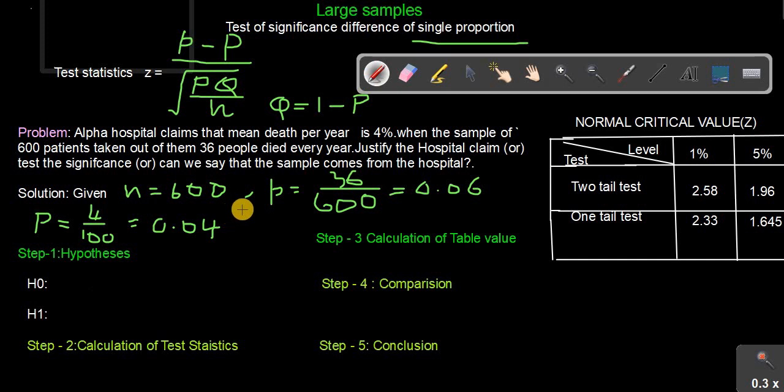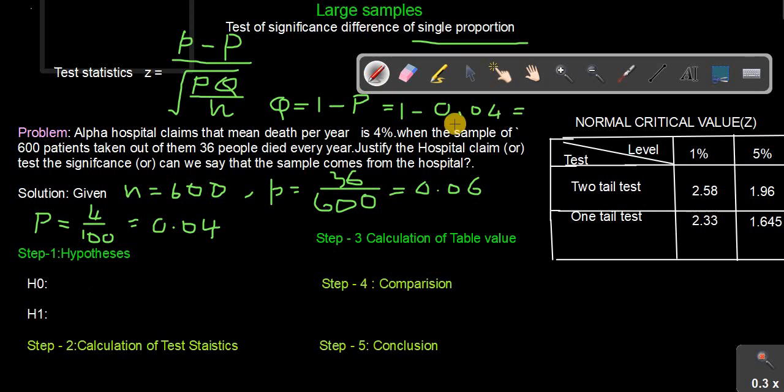Okay, now next what do we want? Q we want. Q equals 1 minus P. So here 1 minus 0.04. What is the answer we are getting?